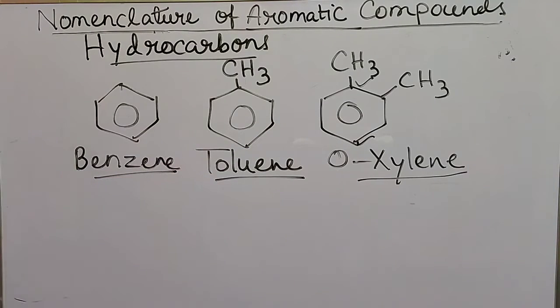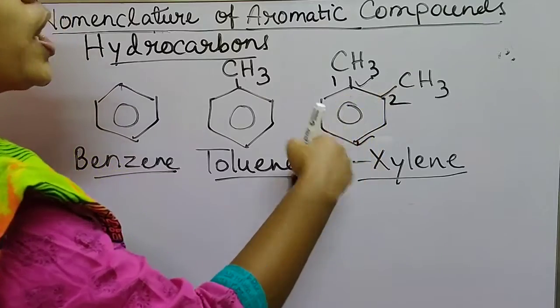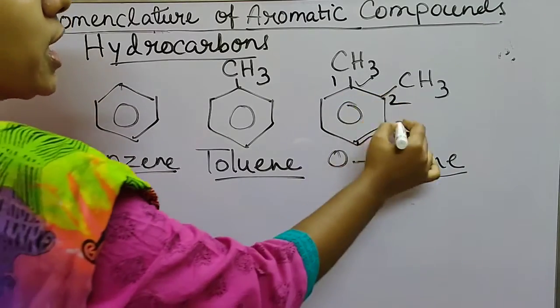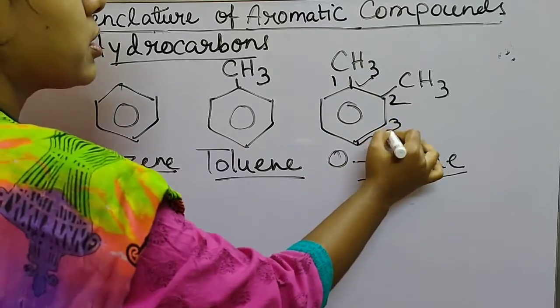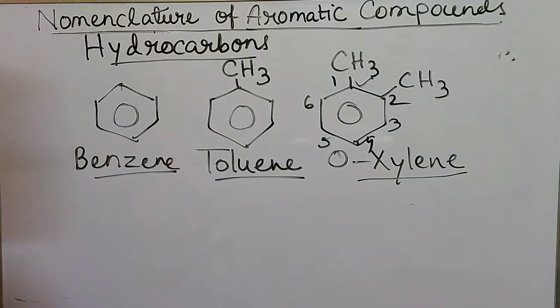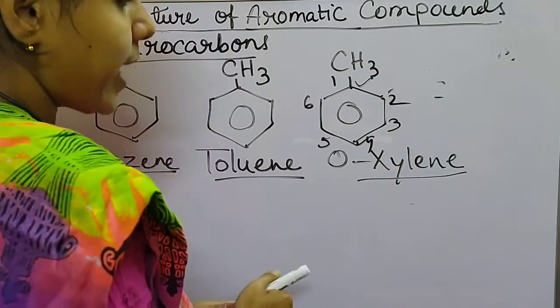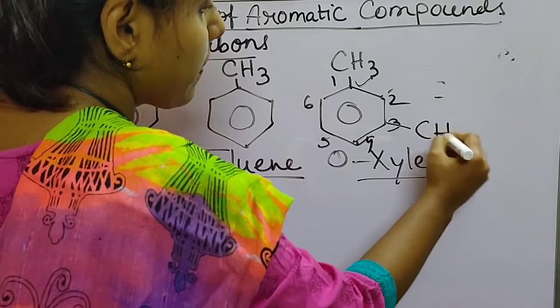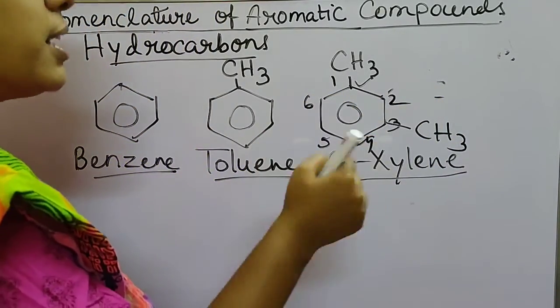Another name we could give to it is 1,2 dimethyl, because you have to start from any CH3, so the name will be 1,2 dimethyl benzene. When that will be the meta compound, then the name will be 1,3 dimethyl benzene.